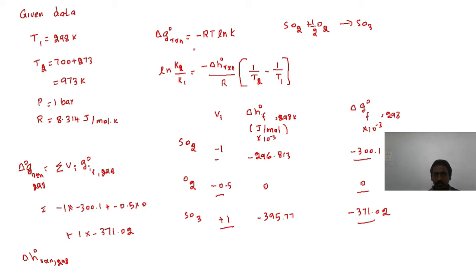Using this formula, that is delta G naught of reaction, we have calculated this delta G naught of reaction divided by minus R multiplied by our temperature, 298, so we write T1, that is equal to ln K. From this, K will be the exponential of minus delta G naught of reaction divided by R multiplied by T1.